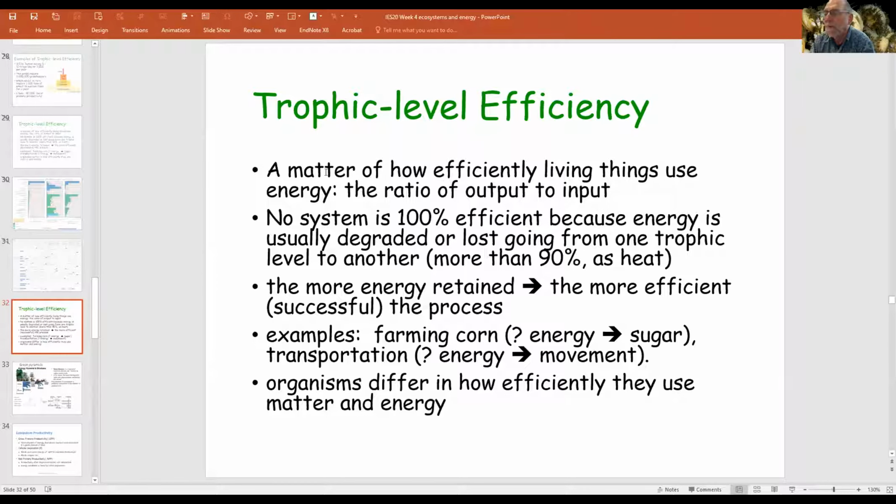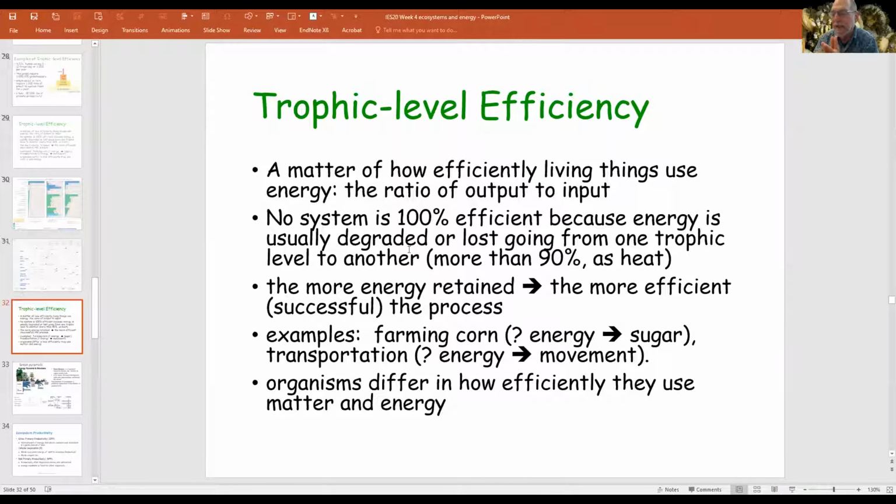So no matter how efficiently living things use energy, there's a ratio of output to input. No system is 100% efficient, because energy is usually degraded or lost as it goes from one trophic level to another. And typically that loss, when one organism consumes another organism, is about 90%.